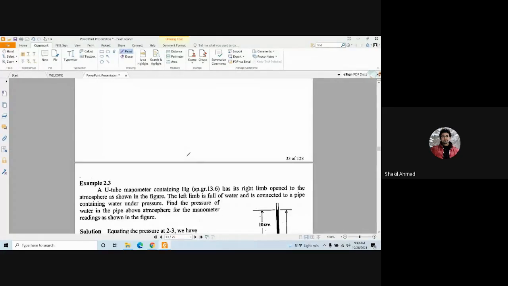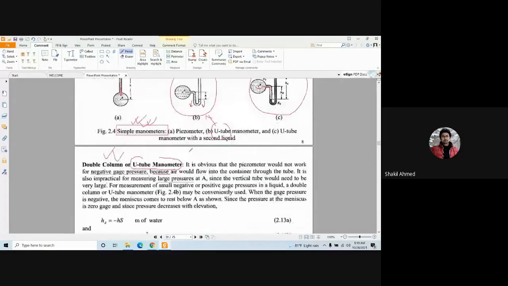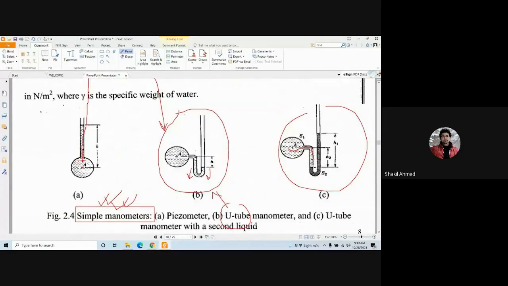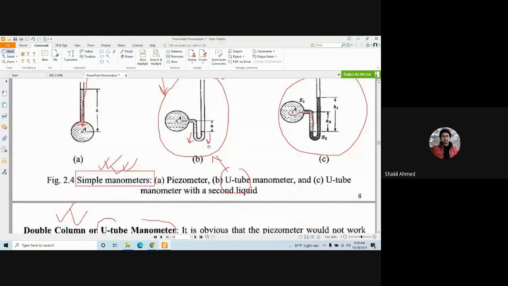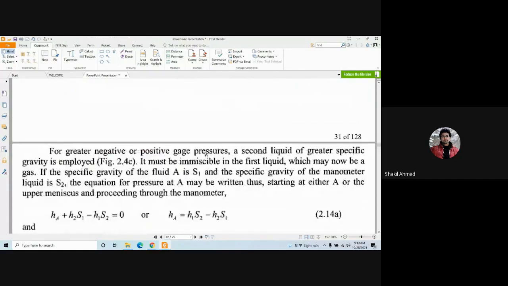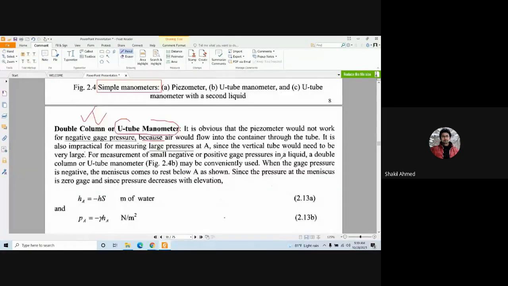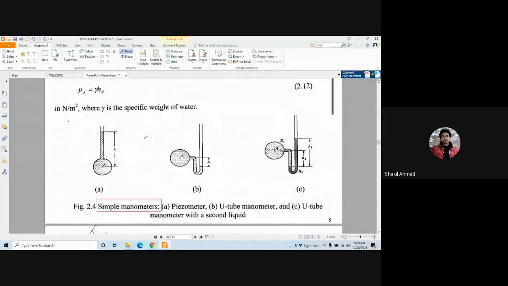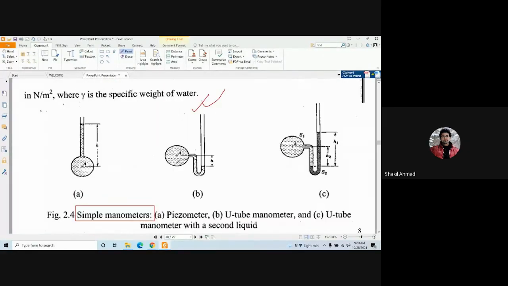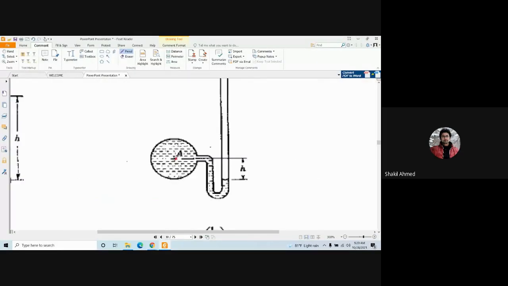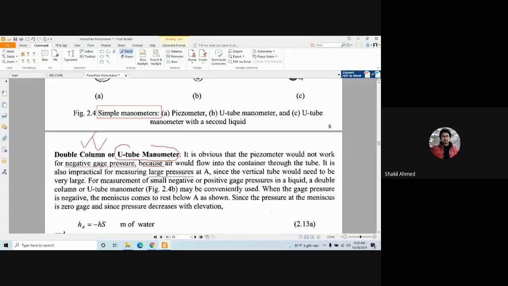Now, how do we interpret or calculate the pressure using the U-tube manometer? You have to know some rules that are described here. Let's say you want to know the pressure at this point.